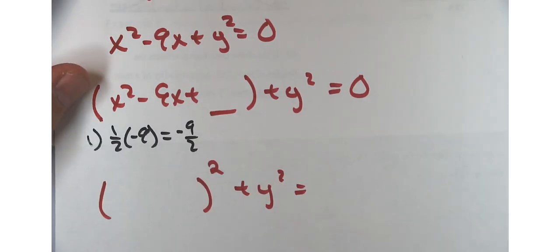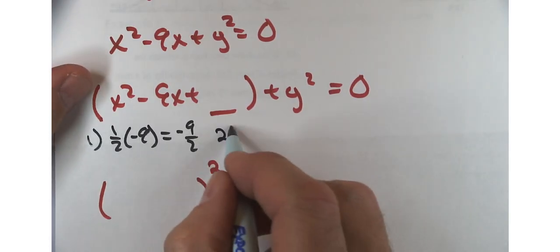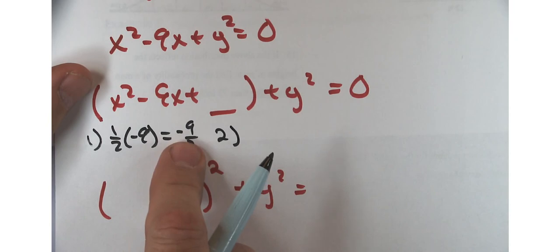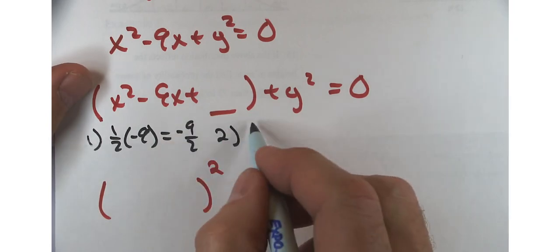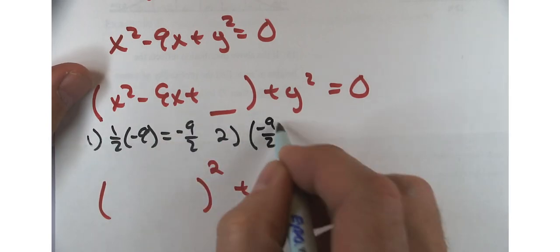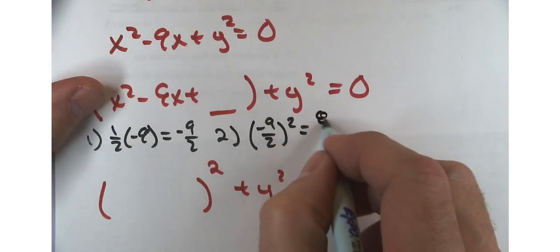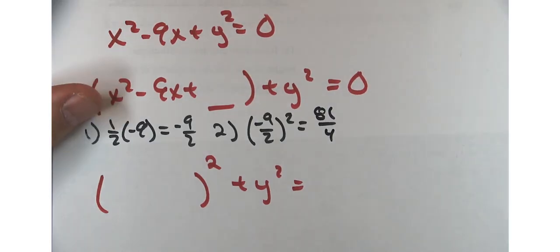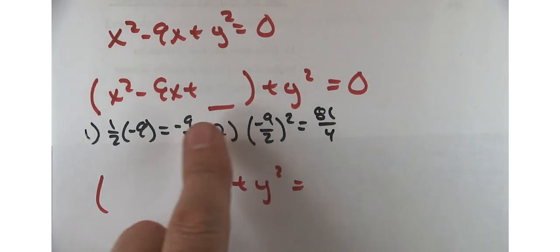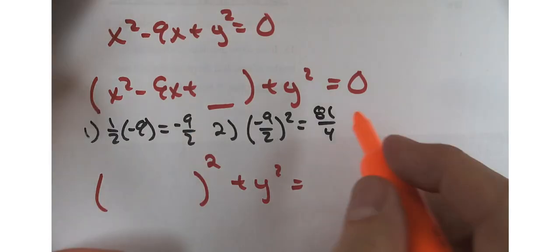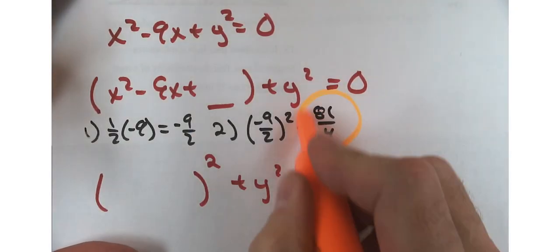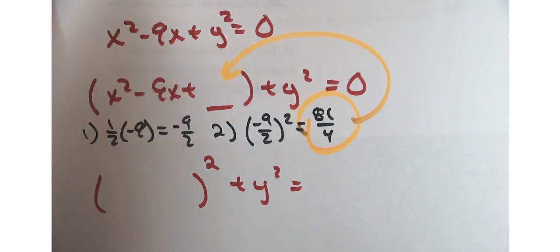Okay. Then what? Then you need to square that number. So I'm going to take that negative 9 over 2 and square it, and I get 81 over 4. So that's the number that I need right here. So I'm going to put that number there.